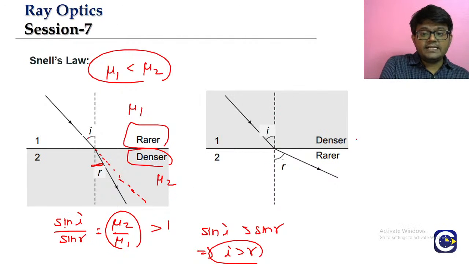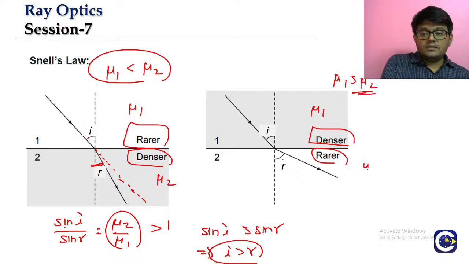Instead, if the light ray is entering from a denser medium to a rarer medium, mu 1 is more than mu 2. So this is mu 1. Look at the relation: sine I by sine R is equal to mu 2 by mu 1.